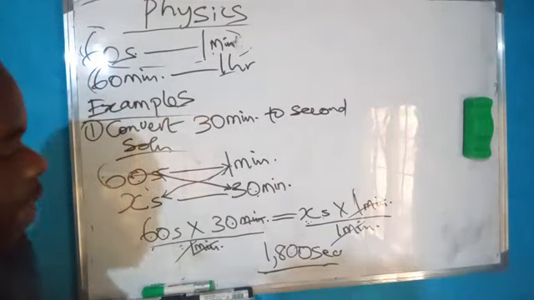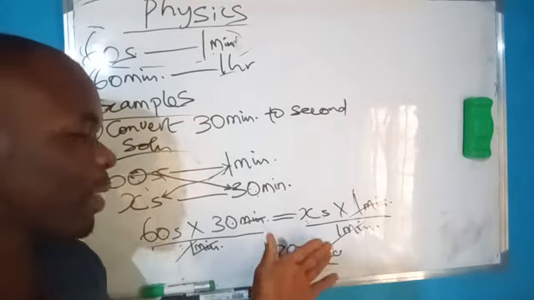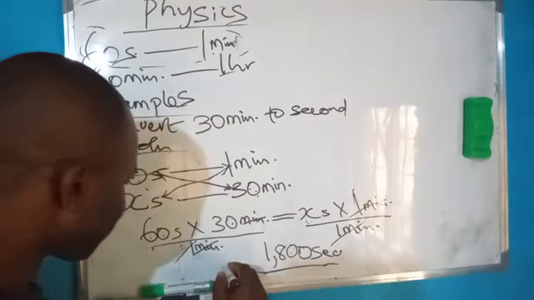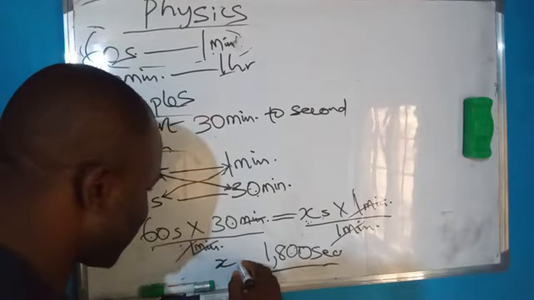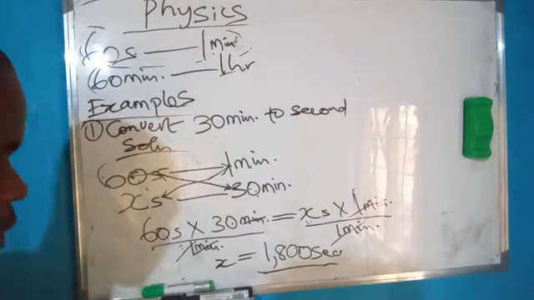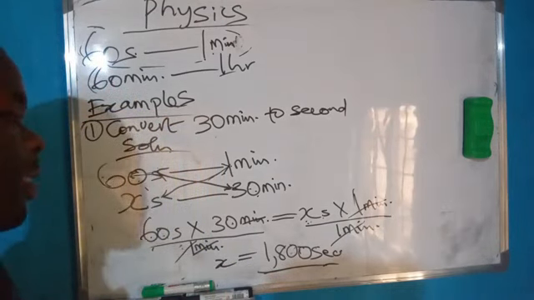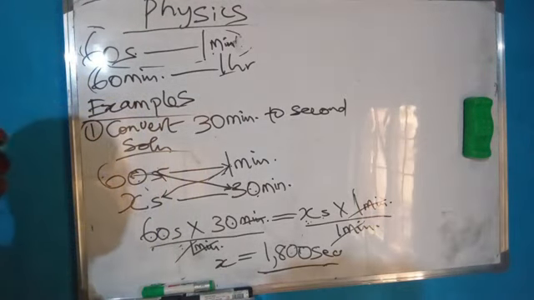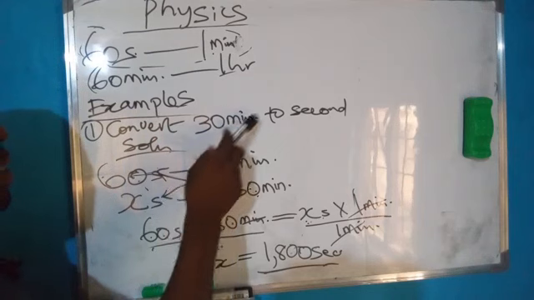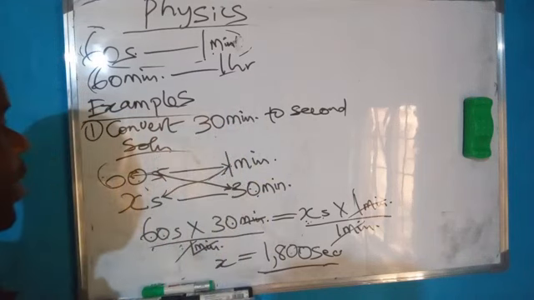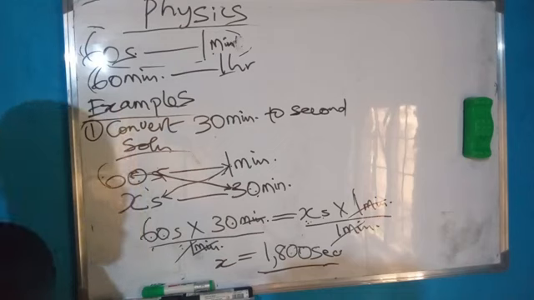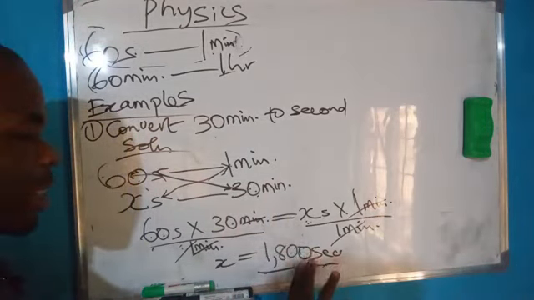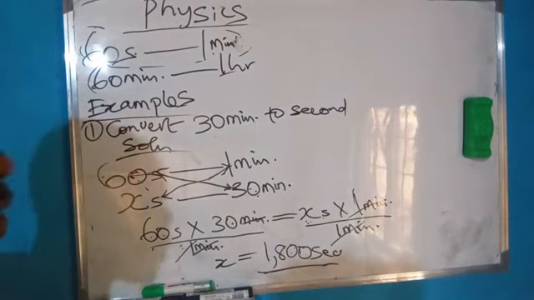So x is equal to 1,800 seconds. Is that clear now? So in converting this 30 minutes to seconds, 30 minutes is equal to 1,800 seconds. That is your answer.